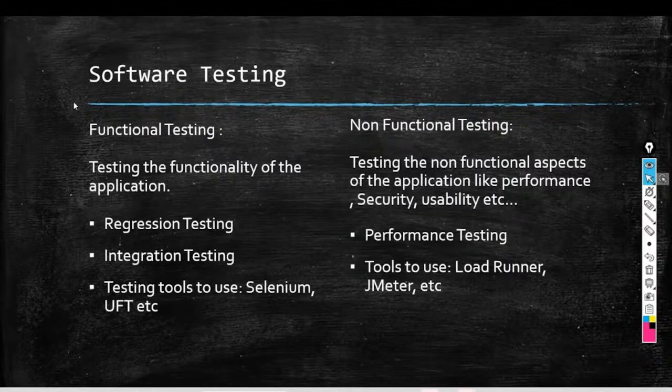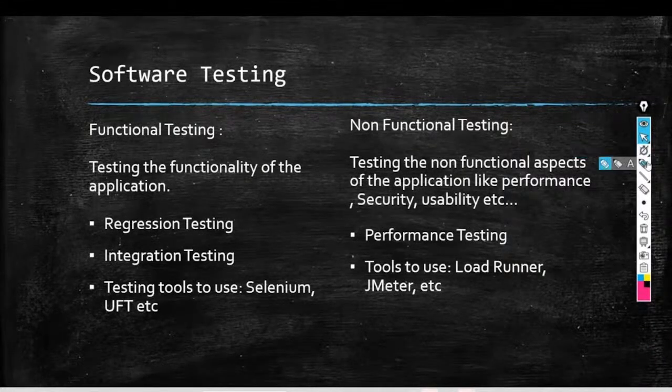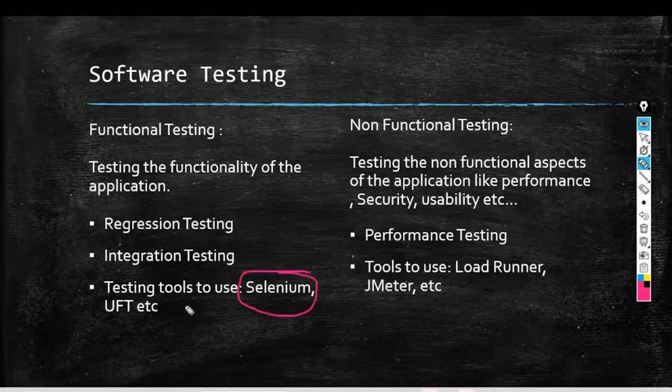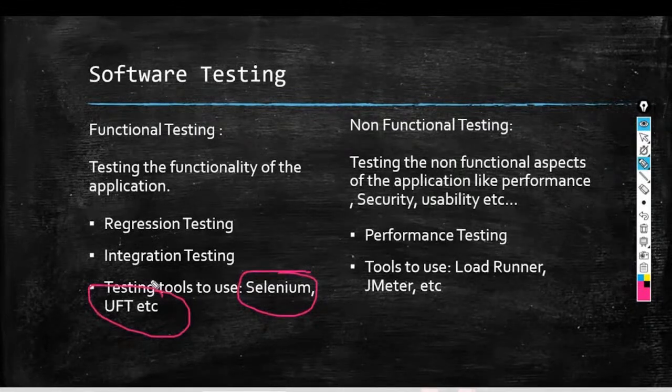When it comes to functionality automation, you have some tools like Selenium, UFT, using which you can do regression and release testing also.